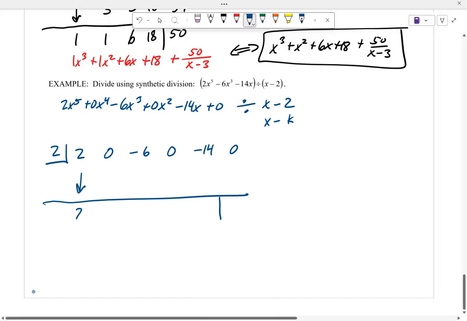That 2 will just shoot straight down. The first one just goes down. And then we multiply by k. 2 times 2 is 4. 0 plus 4 is 4. 4 times the 2, 8.